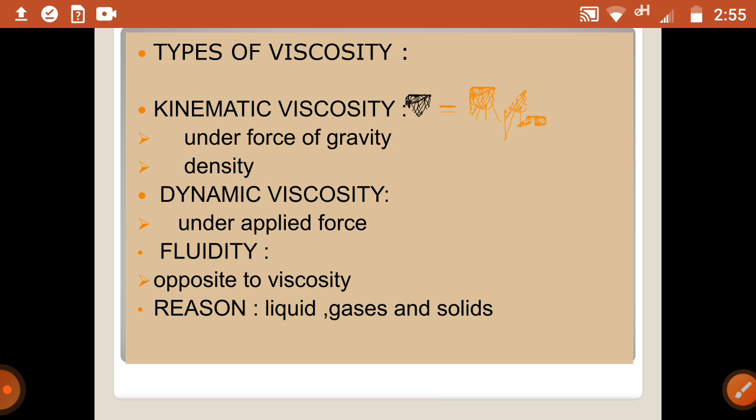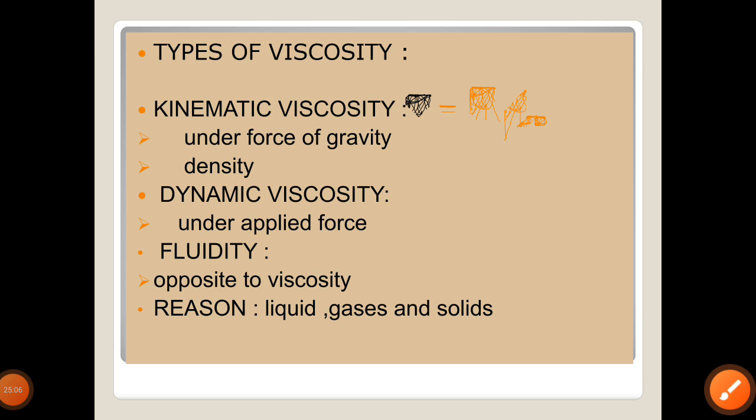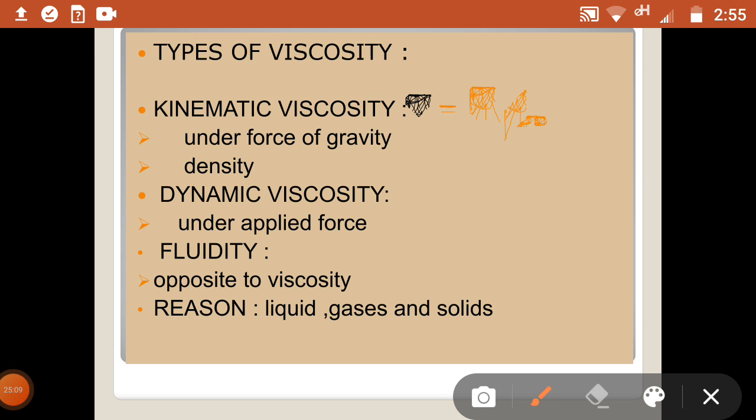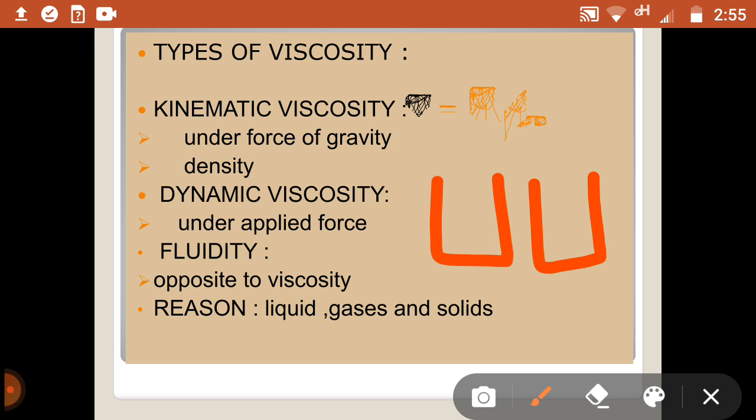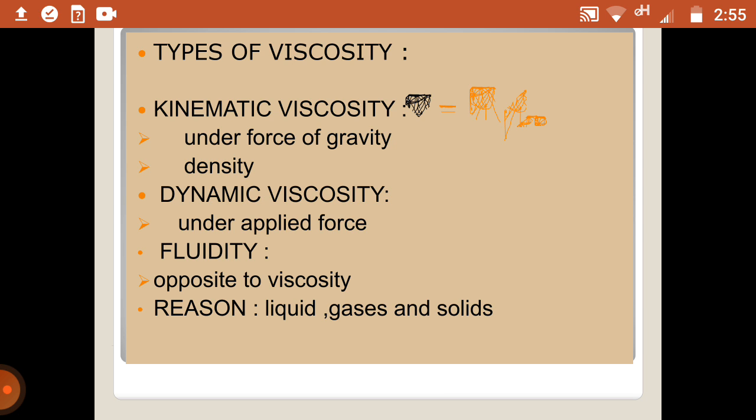No, it is not possible, dear, because the density of ethanol is different from that of water. The kinematic viscosity under gravitational force for water is different, and for ethanol is different, because they have different densities. So kinematic viscosity may be affected by the gravitational force and by density. These are the two factors which affect the kinematic viscosity.